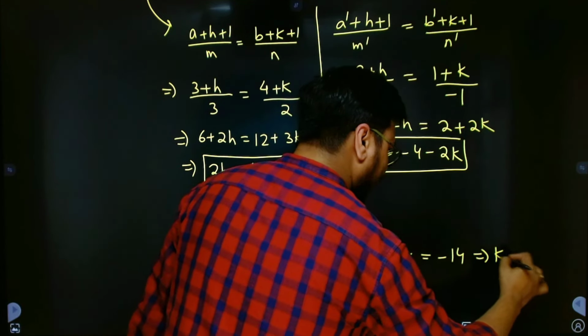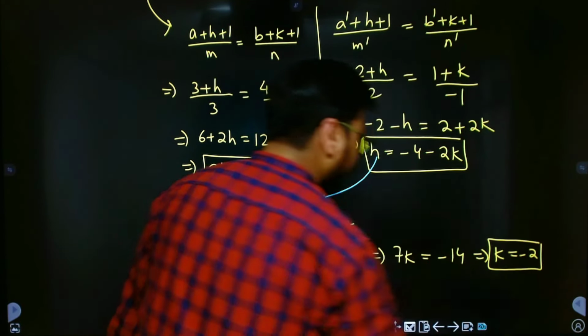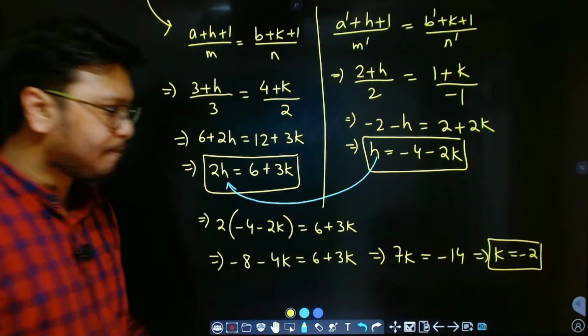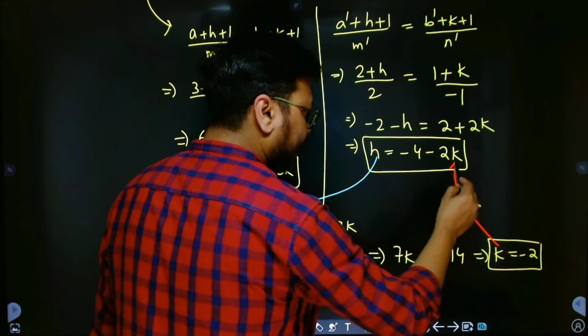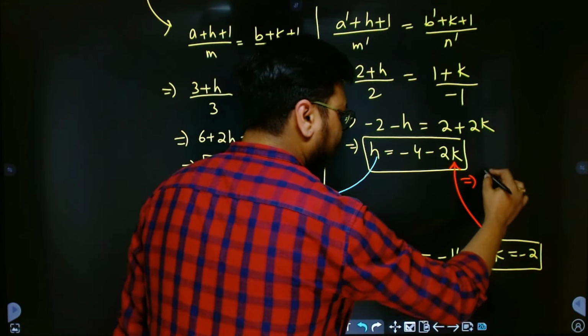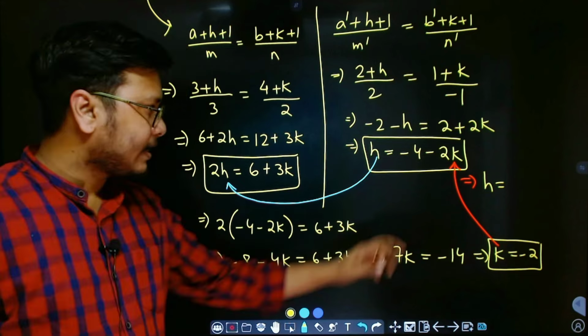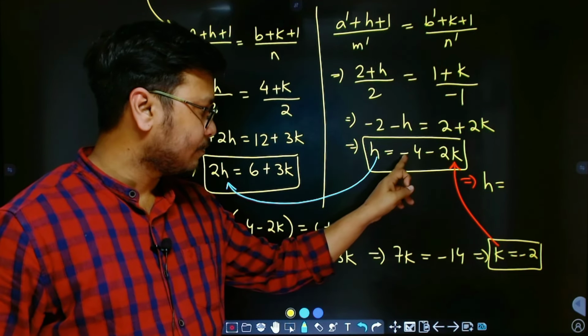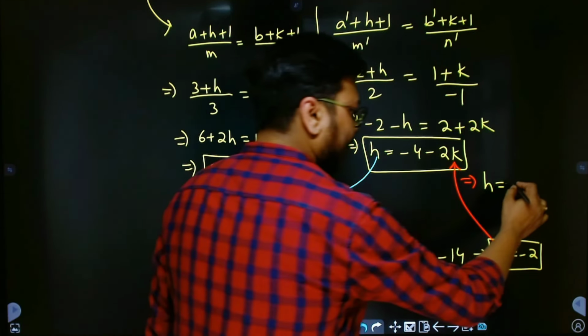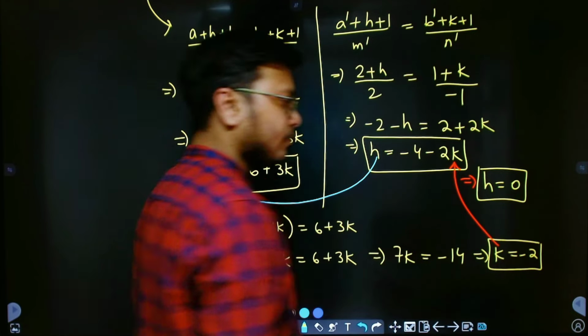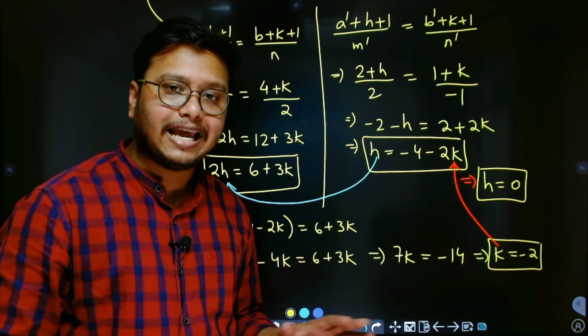So that means k equals minus 2, right? So now the moment I plug in this value of k right over here, I'll be getting the value of h. So if I plug in minus 2, that becomes minus 4 plus 4, so h value is 0, right? So I've got the value of h and k.